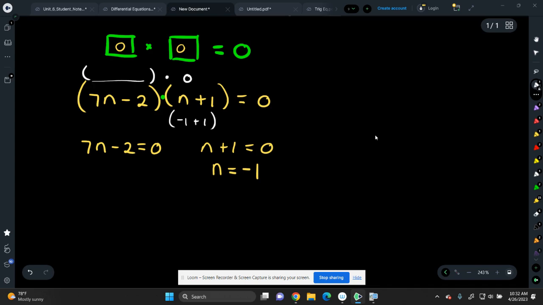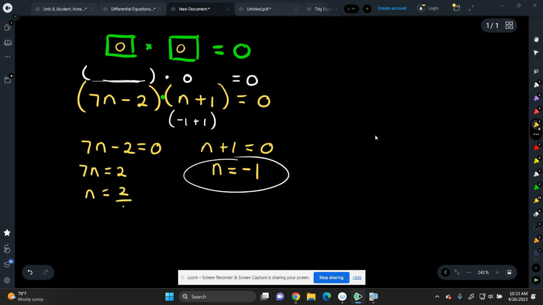I don't even care what this is because I'm multiplying it by 0, so it's going to equal 0. So this is one of my answers. The other answer comes from solving the other equation. So I'm going to add 2 to both sides and then divide by 7. So there's my other answer. If I plug that in, it's going to make this 0 here.